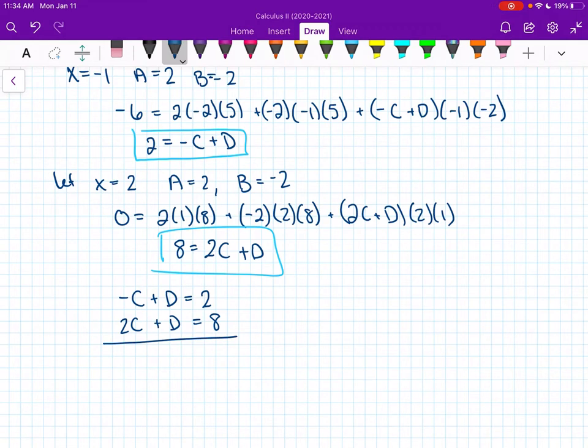Okay, so then when I solve this, I will get 3c equals 6, so I multiply the top one by a -1. And so then I get c equals 2. And then from there, I will get -2 plus d equals 2, so d is then going to equal 4. All right, so we found A, B, C, and D.